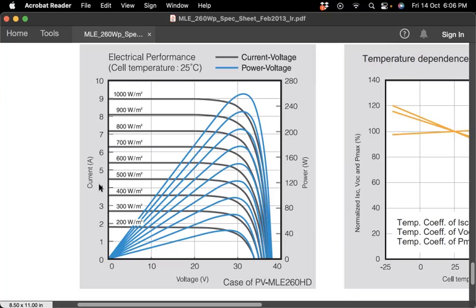If you remember, my dear students, from the first lecture, that the generation of each electron hole pair in a p-n junction is related to the absorption of a photon. So each photon collected will generate an electron hole pair, which will then move in the drift of a p-n junction to create a current. And from this perspective, you can easily understand that the current is directly proportional to the irradiance. The higher the irradiance, the more photons reaching your solar cell.